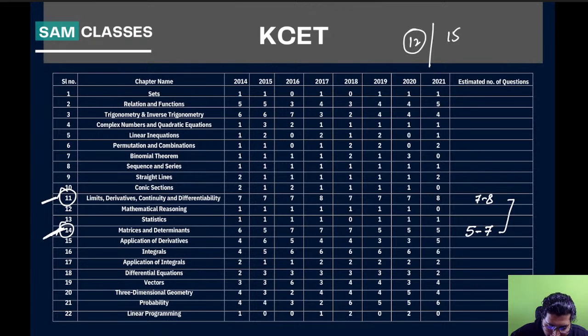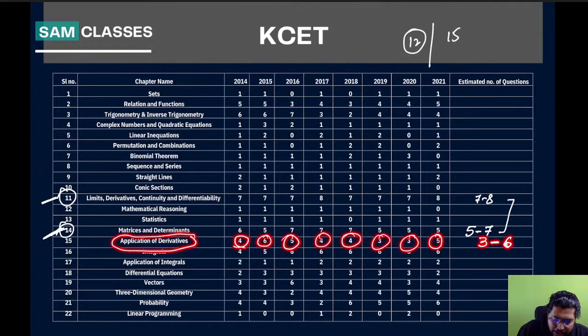Now, next chapter which you can take is AOD, application of derivatives, 4, 6, 5, 4, 4, 3, 3, 5. So minimum you can go for 3, maximum you can go for 6. So again, this chapter alone, 3 to 6.